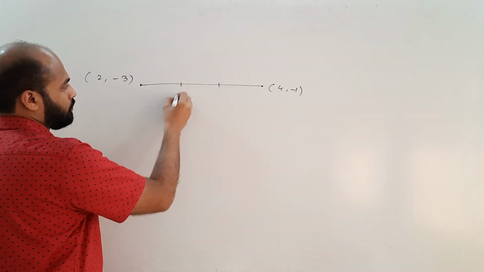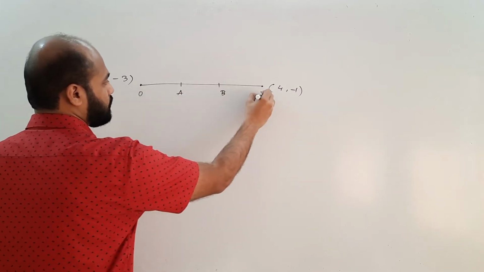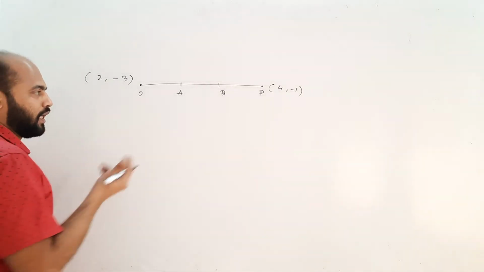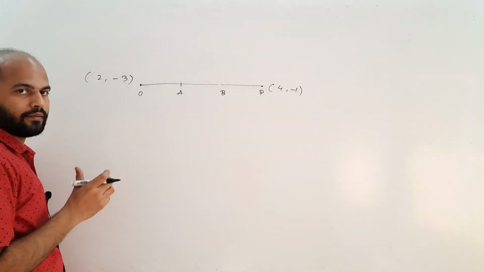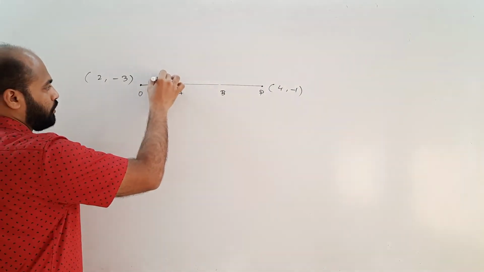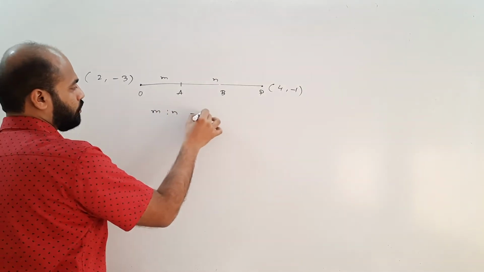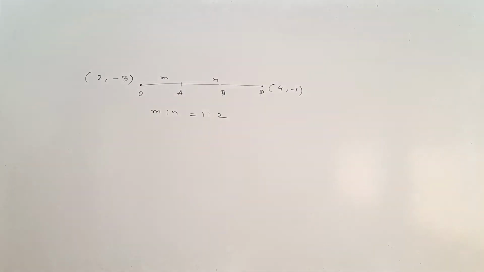So here let's say this is A, this is B, and this is O and this is P. So at a time I have to consider only one. So let's say first time we'll take A. If I consider A, it means that the ratio m:n is going to be 1:2.